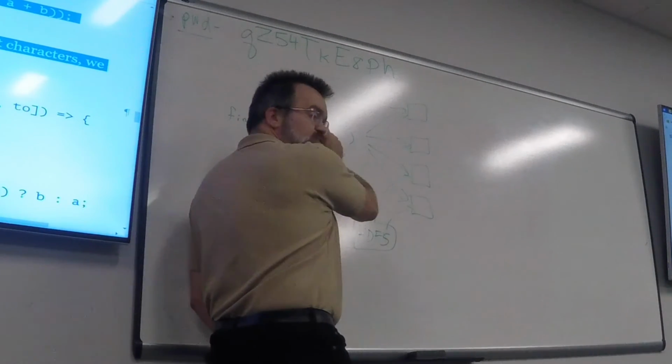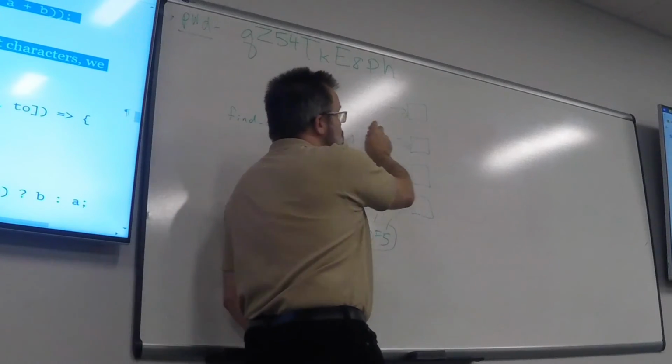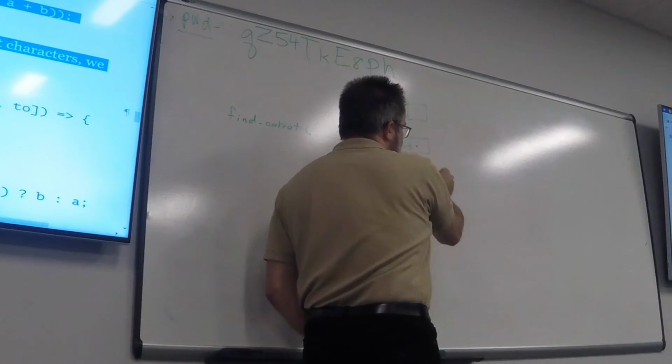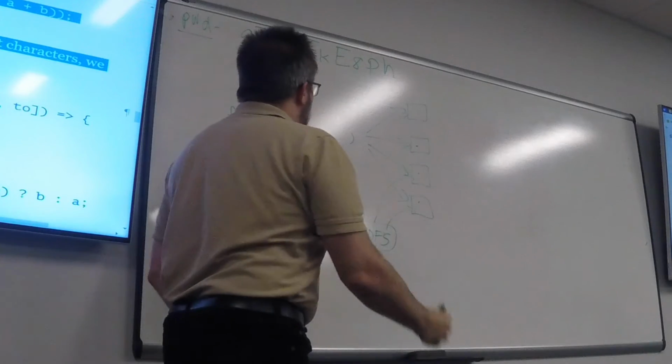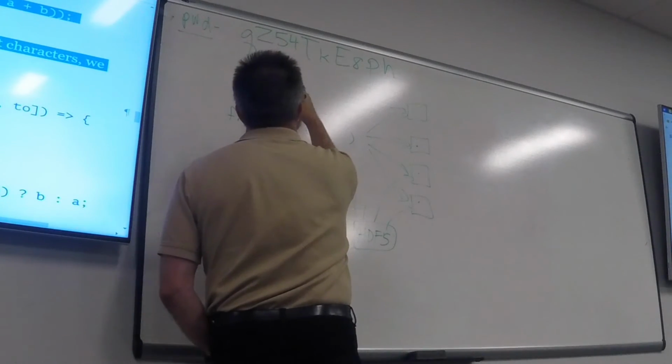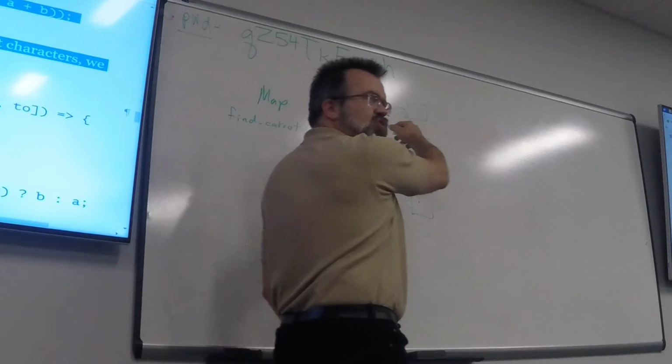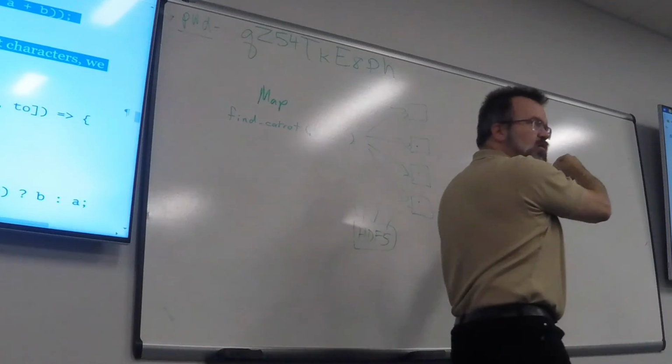Sending this function out to be applied to the data at the data's location, that's called mapping it. We map the function on top of the data.